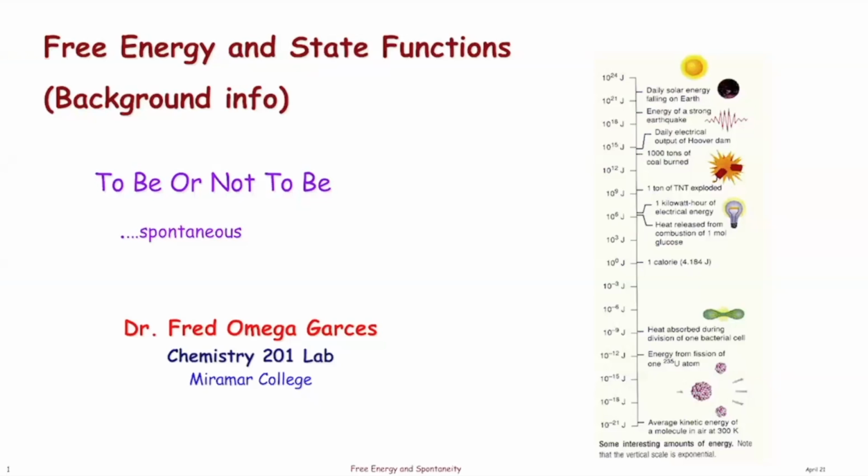Not spontaneous means that maybe you need to put in a little bit of work, a little bit of energy to get that reaction going. And some reactions, no matter what you do to them, are never going to happen, okay? Some reactions, you can get to happen even if it's not spontaneous by changing the conditions, generally the temperature. So that's what we are looking at in thermodynamics.